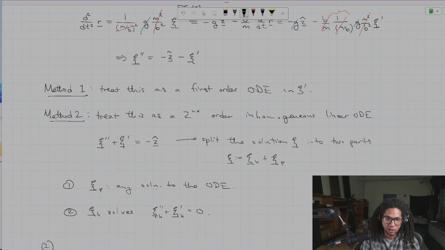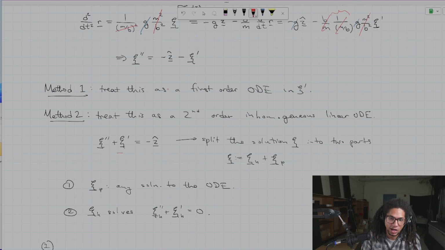Okay, so we need to just guess any solution to this differential equation. And a good way of trying to solve differential equations like this is to assume that the highest order derivative is 0. So if this happened to be 0, then I would just need to find any vector valued function such that C prime is equal to minus z hat and C double prime is equal to 0.